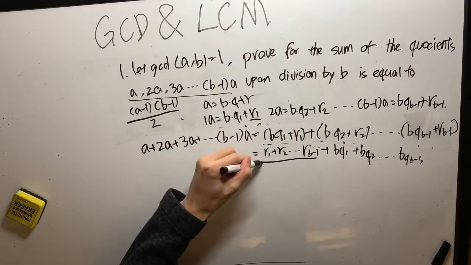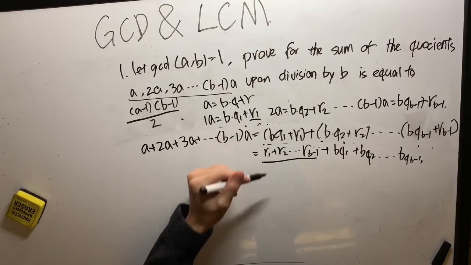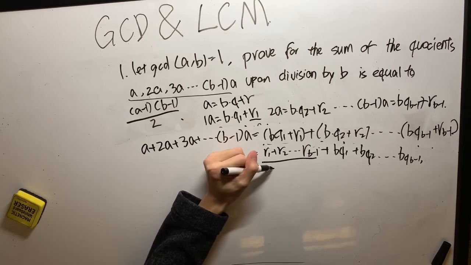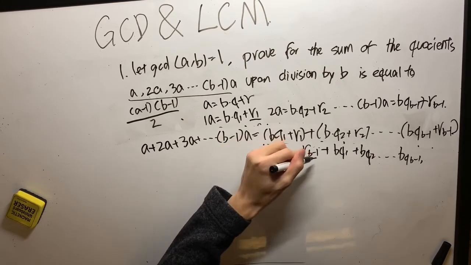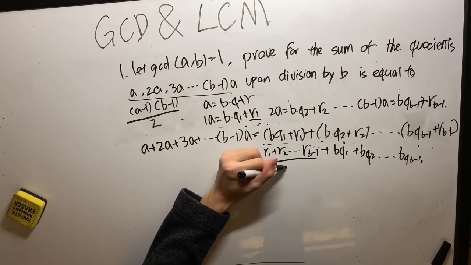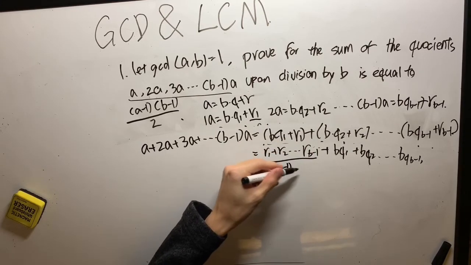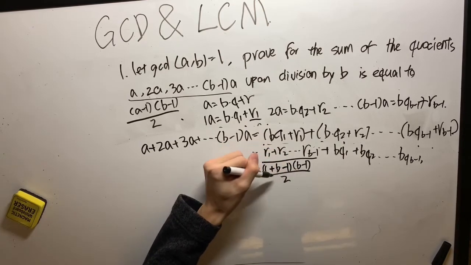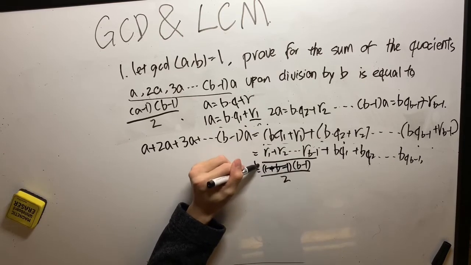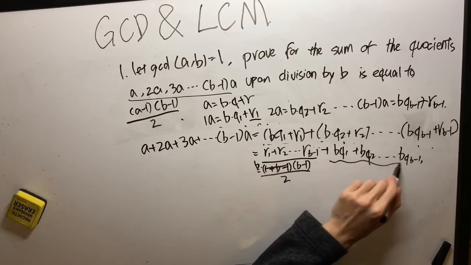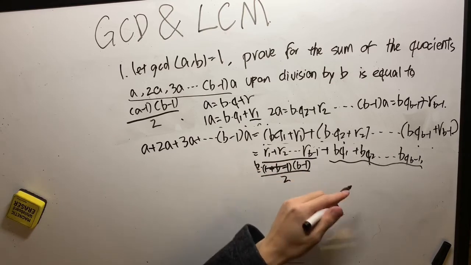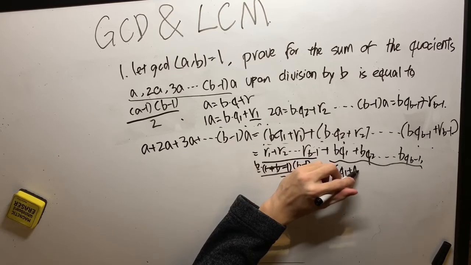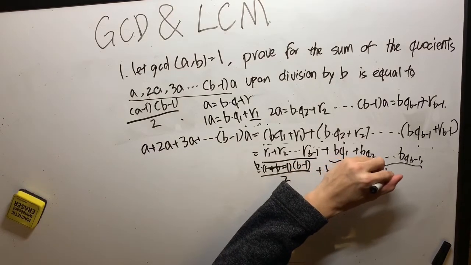These r numbers, you can simplify as the first number 1 plus the last number b minus 1, times the number of r's, which is b minus 1, over 2, and this equals b. And these numbers, you can simplify as b times (q1 plus q2 until q of b minus 1).